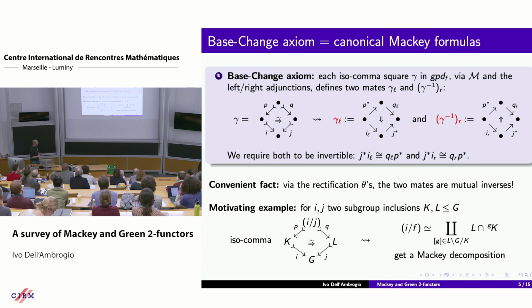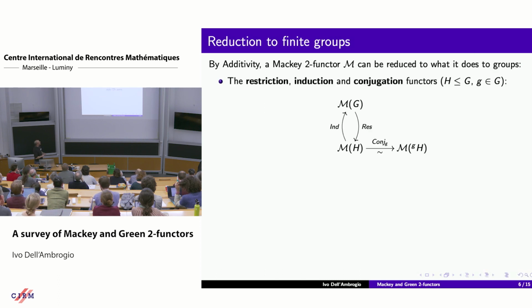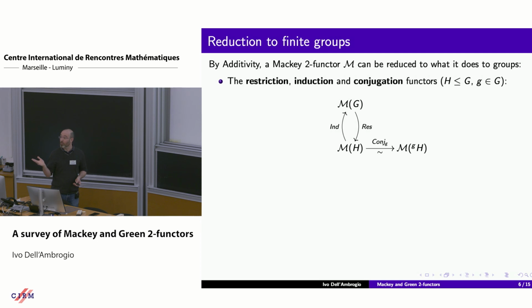All right, so now just a quick look at what actually happens when you reduce all the information to finite groups, as I indicated, thanks to the additivity axiom. Then you have a restriction. Well, let's decompose a bit further. These are only injective group homomorphisms, right? So you have subgroup inclusions and conjugation homomorphisms. Well, you have isomorphisms too, but let's remain a bit simple.